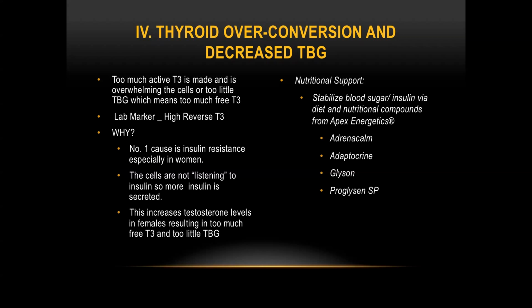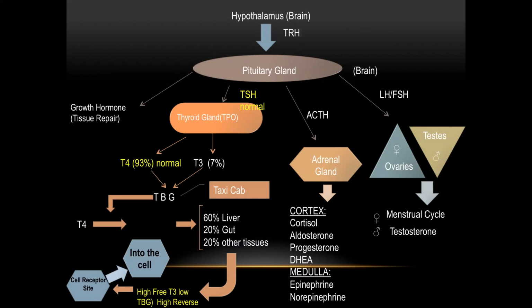This pattern also arises in those who have already developed diabetes and are taking insulin. Gaining control over blood sugar and insulin needs with diet, supplementation, and exercise is critical. So here we have a high free T3 and a high reverse T3.